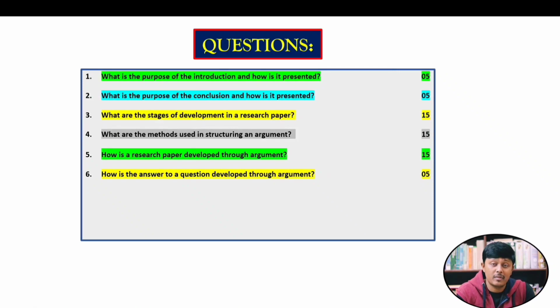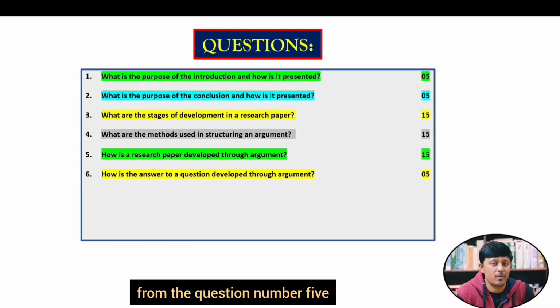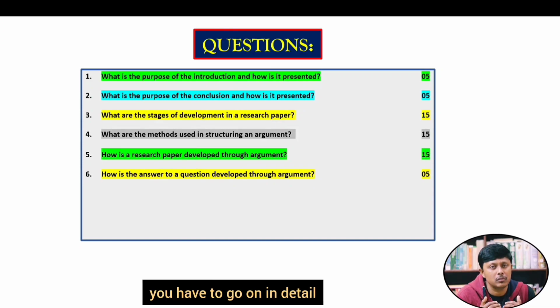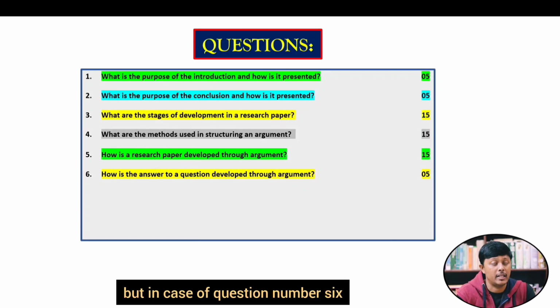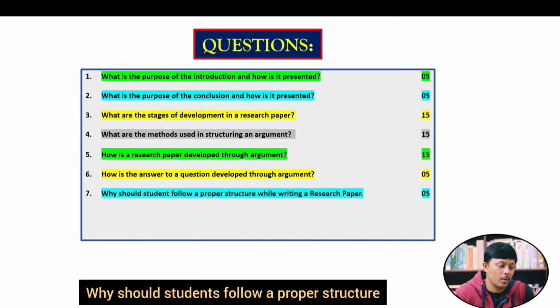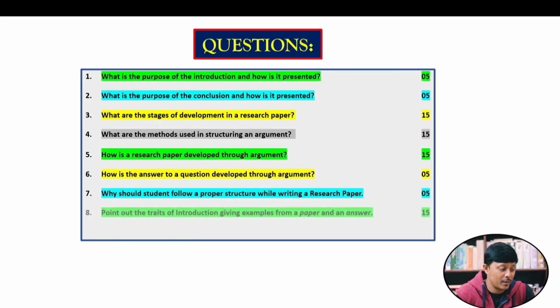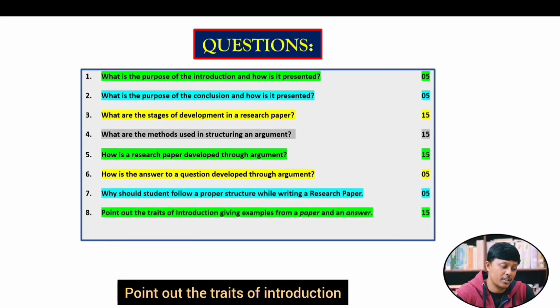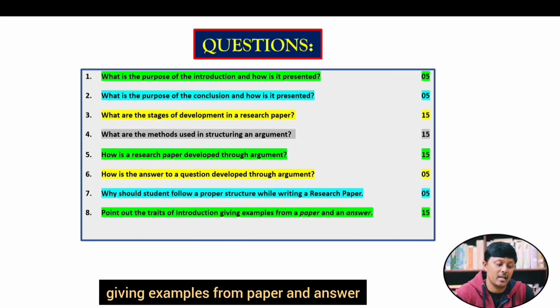Now, this question number 6 is slightly different from question number 5. In case of question number 5, you have to go into detail. But in case of question number 6, you just have to answer in part. How is the answer to a question developed through argument? Why should students follow a proper structure while writing a research paper? Point out the traits of introduction, giving examples from paper and answer.